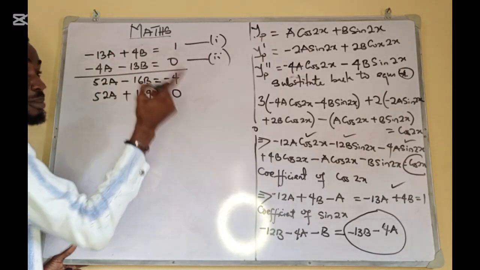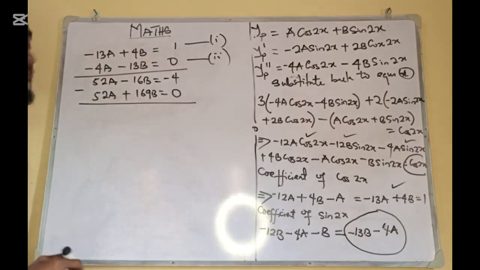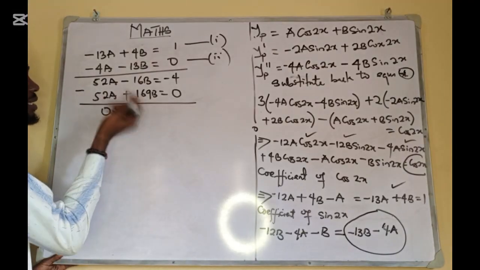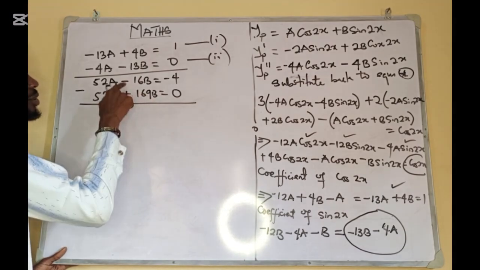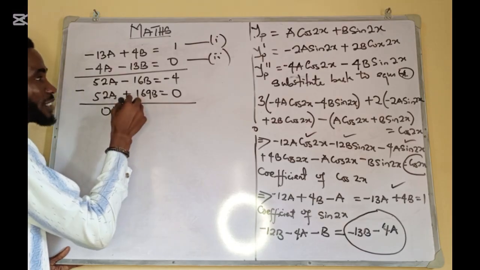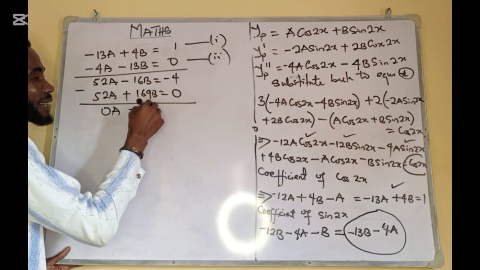Is equal to, here is 0. Are we making sense? Here is 0a. Good. So, minus 16 minus 169 should give me minus 185b.